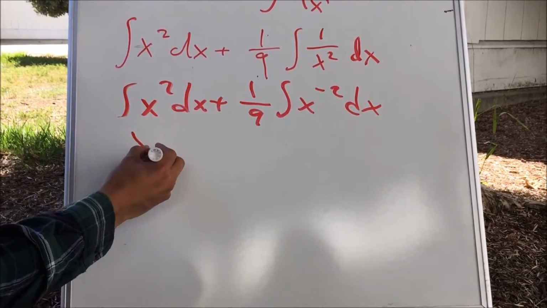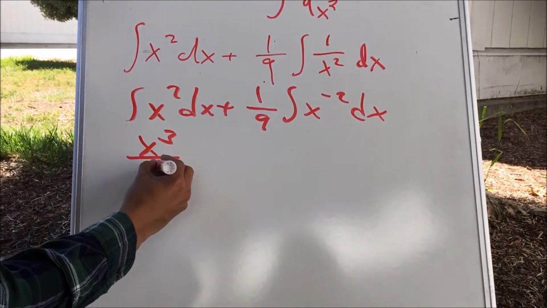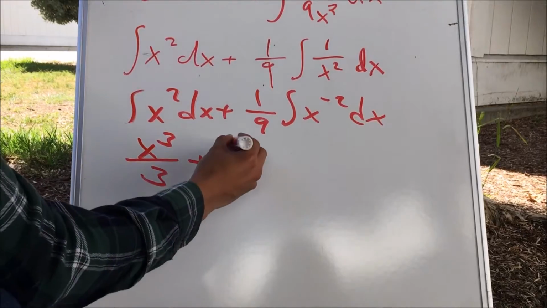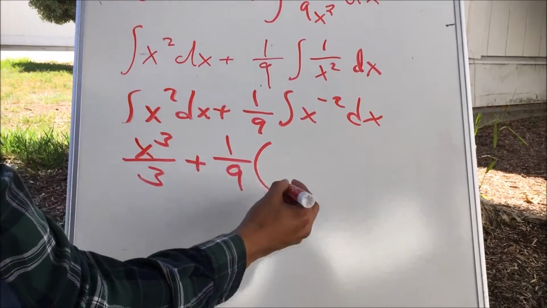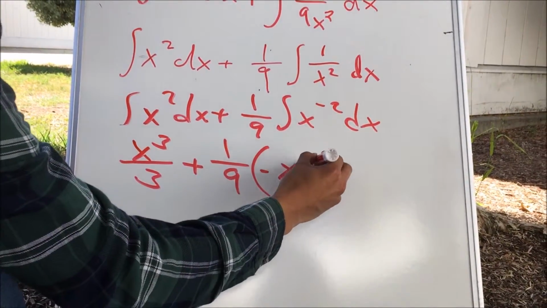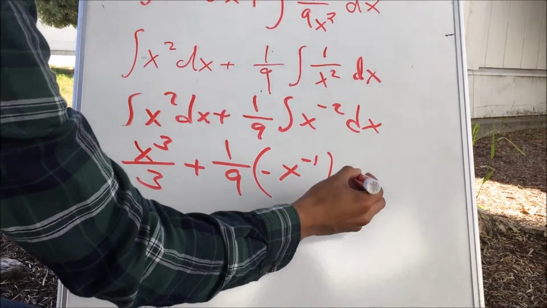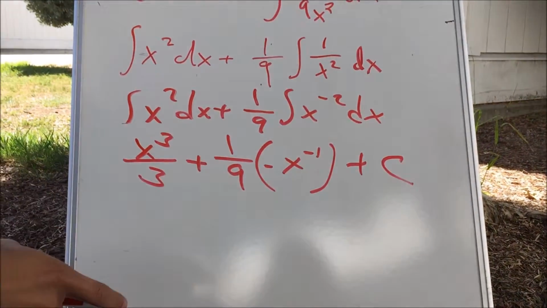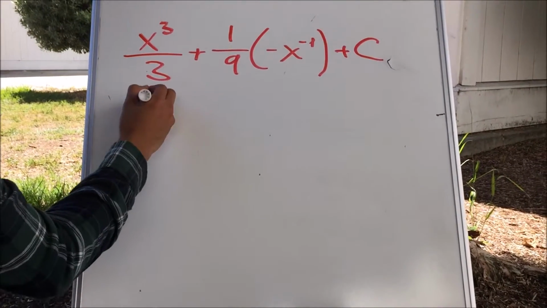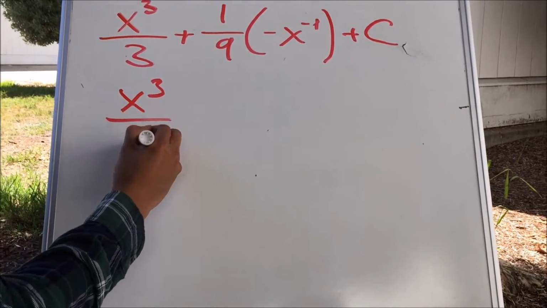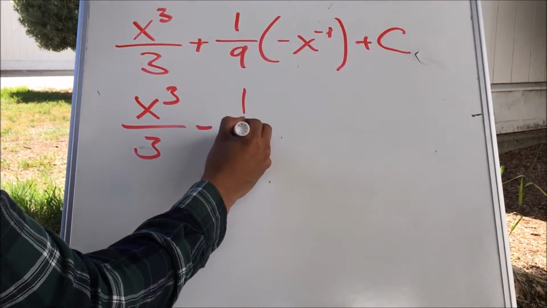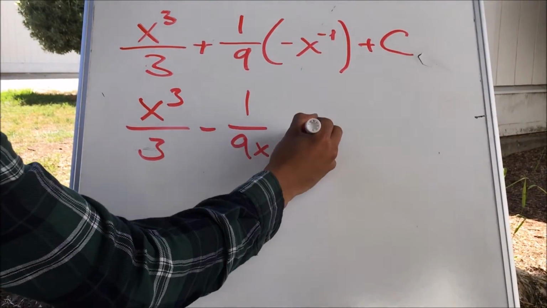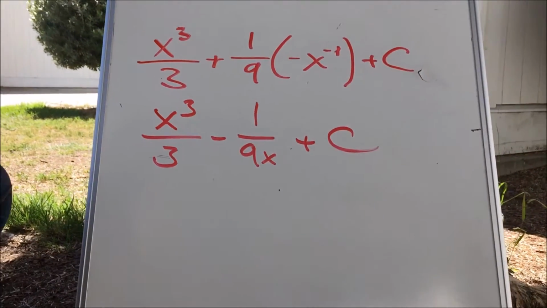So when you integrate, you get x cubed over 3 plus 1 over 9 times negative x to the power of negative 1, and don't forget the c. Now, all you do is simplify. x cubed over 3 minus 1 over 9x plus c. And that's your answer.